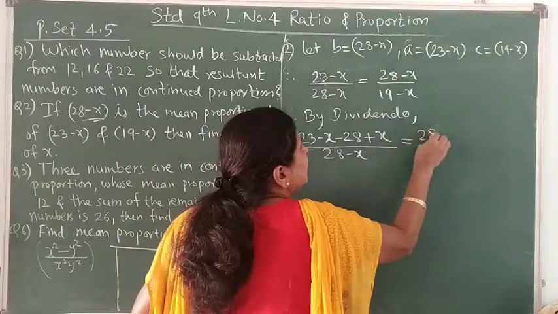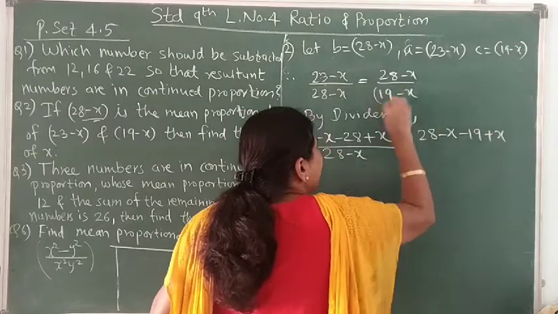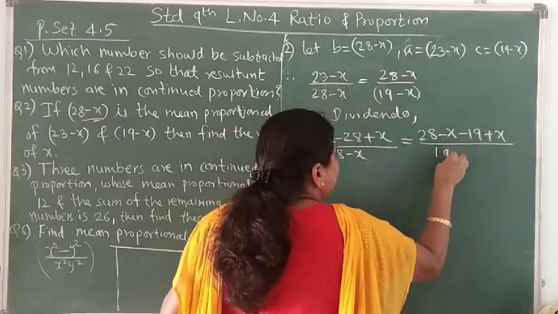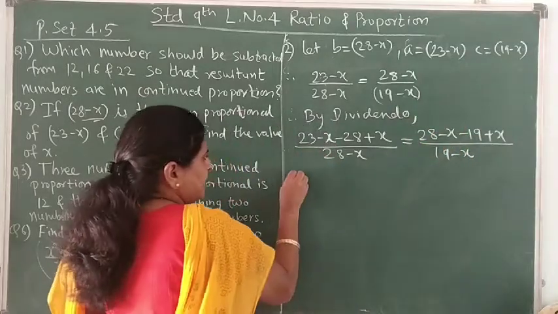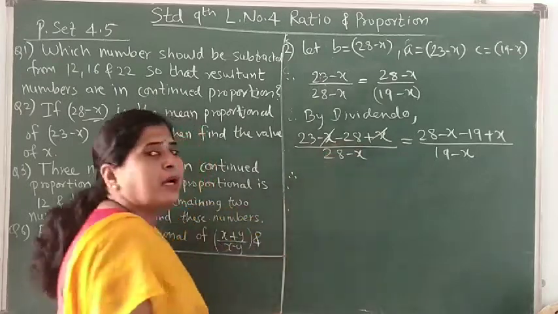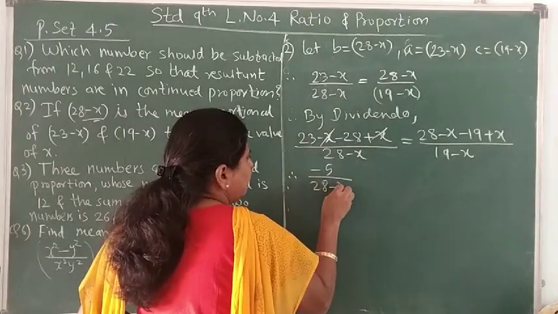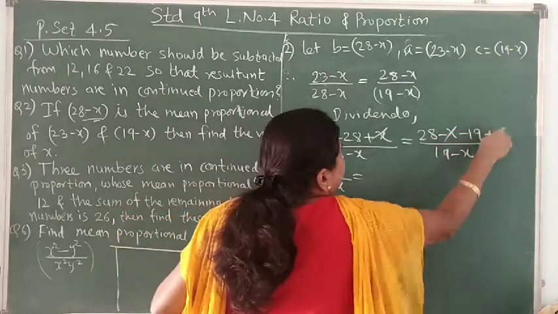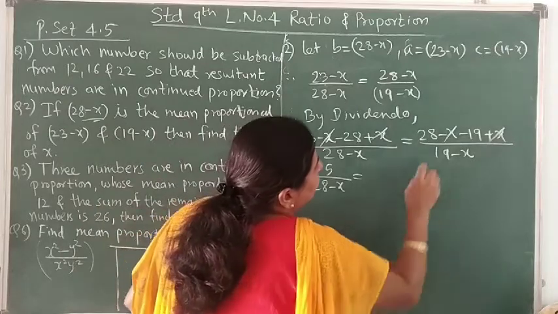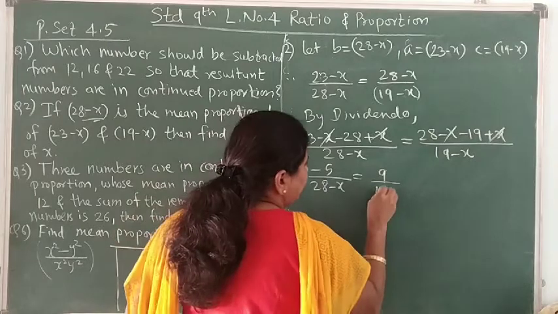Same on the right side, 28 minus x minus 19 plus x, we are subtracting this so these are changing the signs, upon 19 minus x. Now simplify, minus x plus x will get cancelled. 23 minus 28 will get minus 5 upon 28 minus x. This will get cancelled here. 28 minus 19 will get positive 9. So 9 upon 19 minus x.